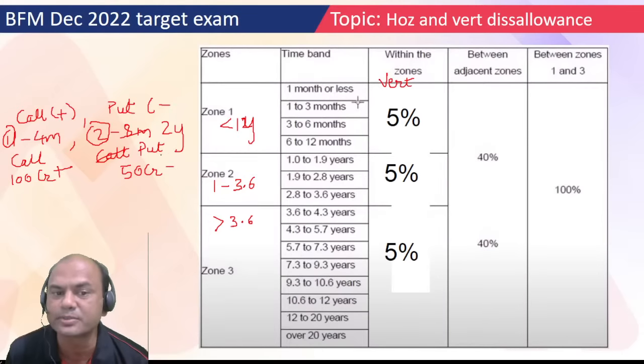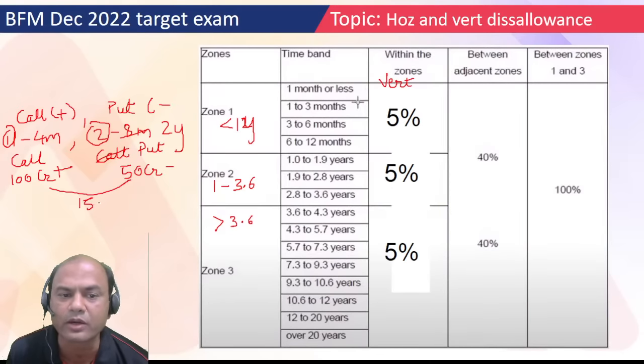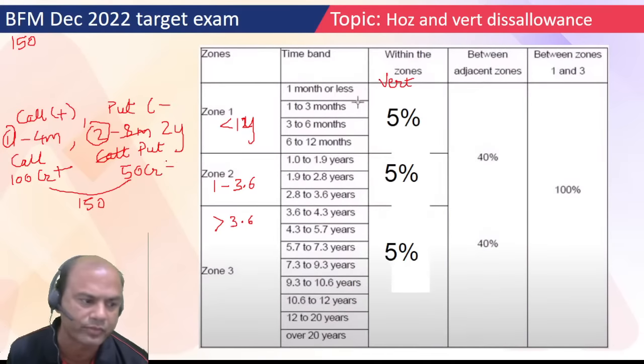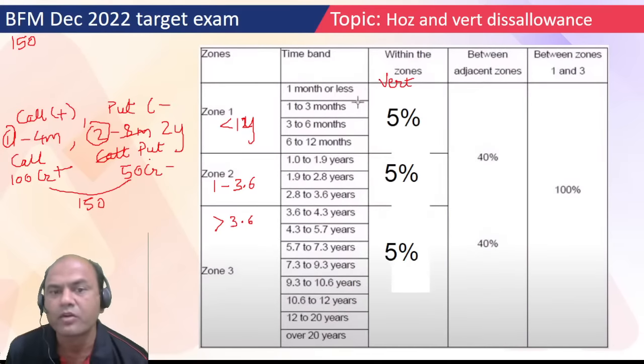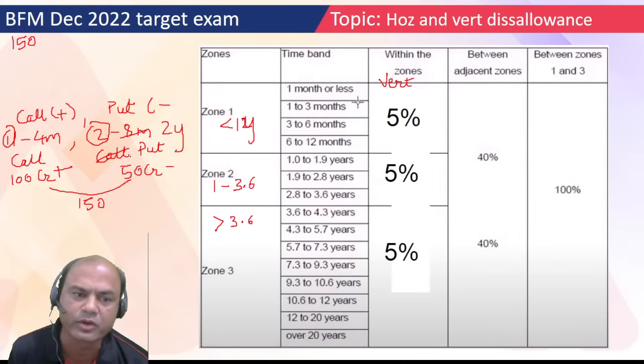What do you mean by this adjustment? Keep it very simple. Simple plus minus. 100 plus, 50 minus. So it is 150. I'll write it over here above. So 150 crores is adjusted between this bond 1 and bond 2. Got it?